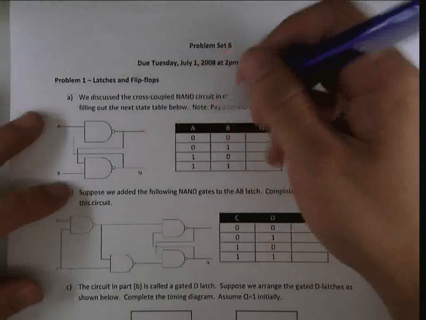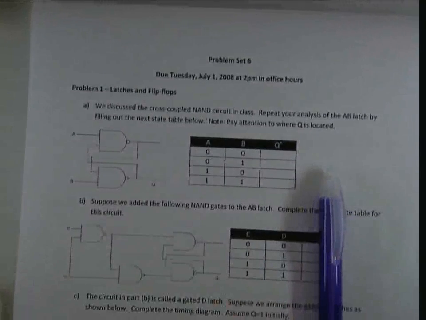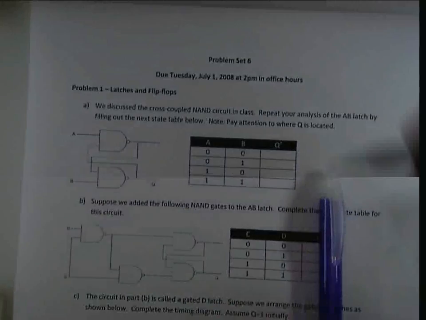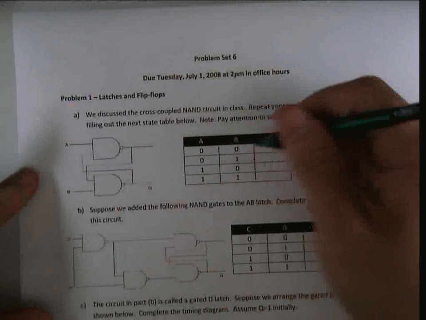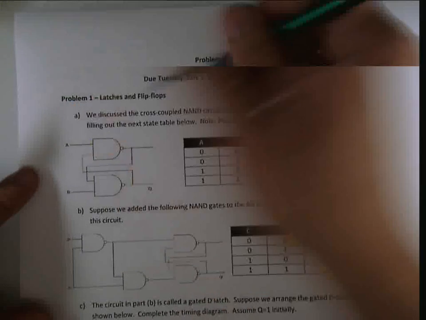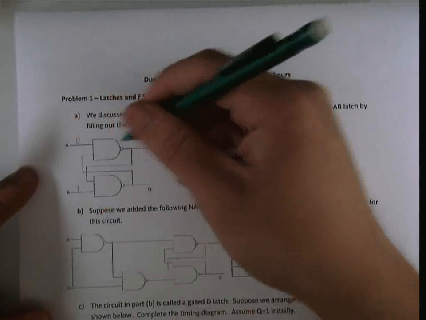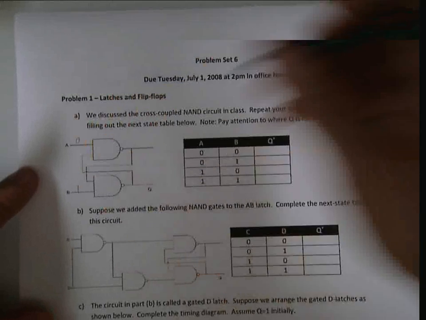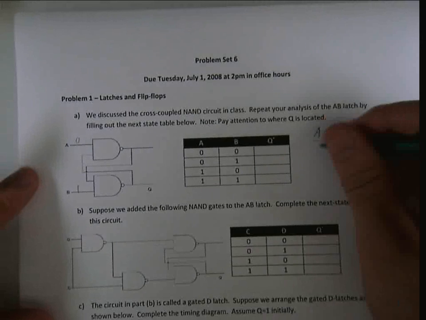I'm going to do this part in pencil so I can erase. Let's not start with 0, 0. Let's start with 0, 1. So if A is 0 and B is 1, I put my truth table for NAND, with A, B as 0, 0, 0, 1, 1, 0, 1, 1.